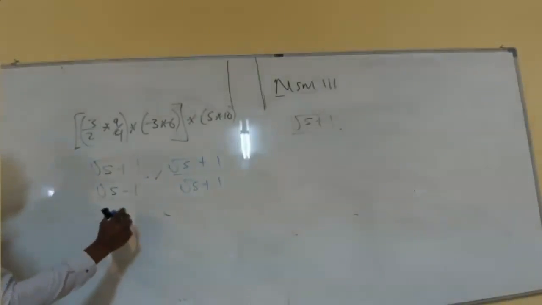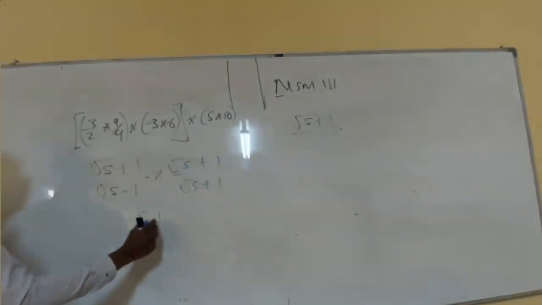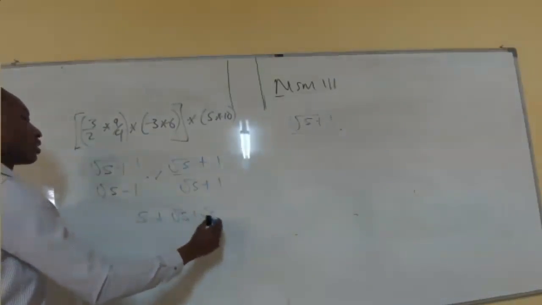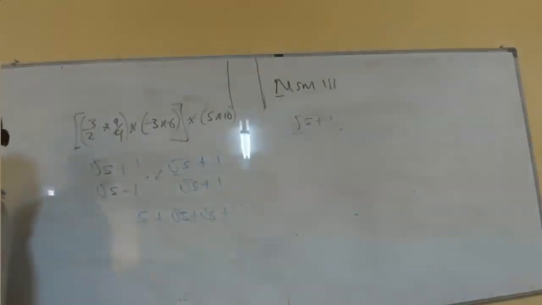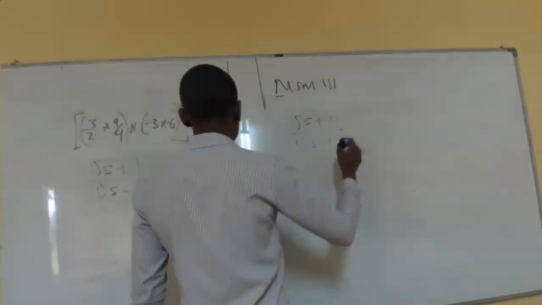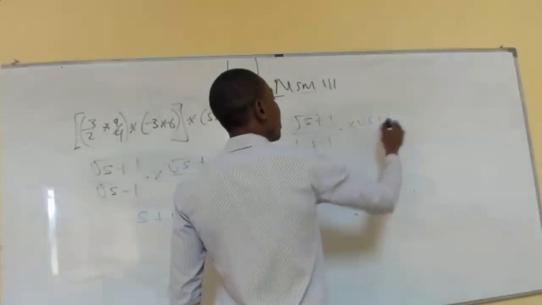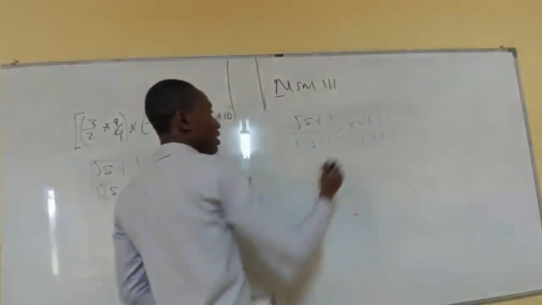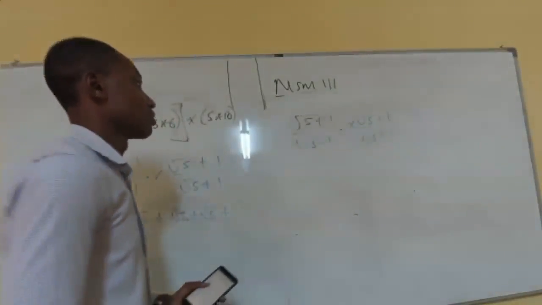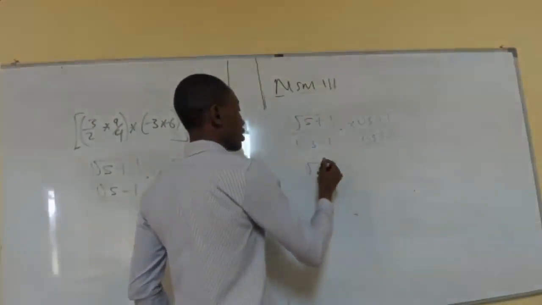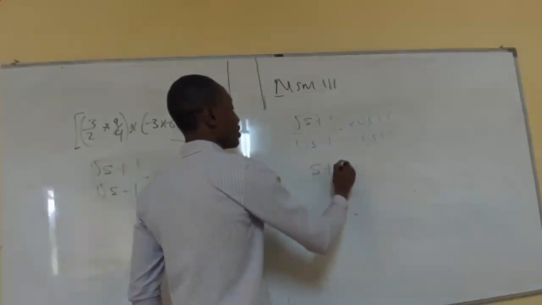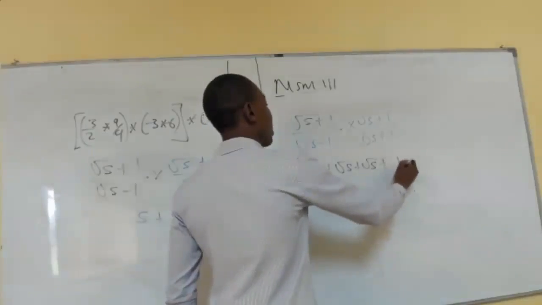This time, root 5 times root 5 is just 5, plus root 5 plus root 5 plus 1.